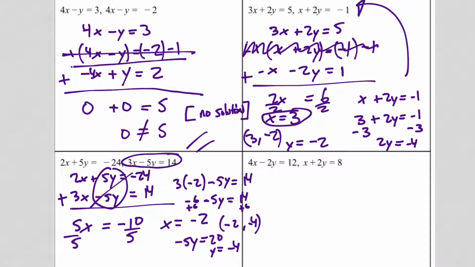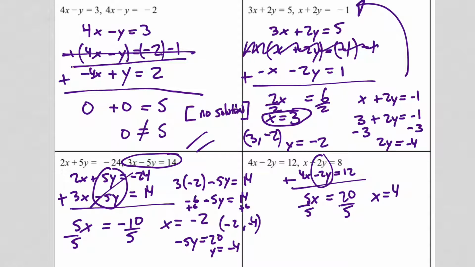And then these last two examples, if I have x plus 2y, I'm going to write this other one right below it. 4x minus 2y equals 12. Right? Look at there. Really easy to eliminate. Positive 2y, negative 2y. If I add them together, I get 5x is equal to 20. Divide both sides by 5. x is equal to 4.